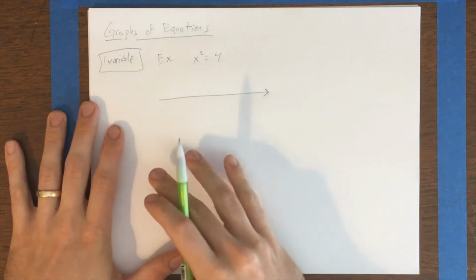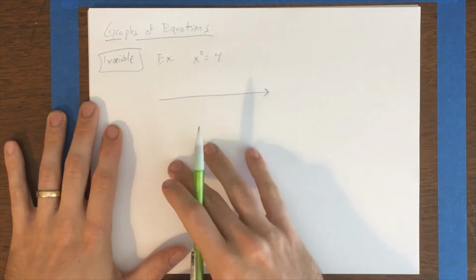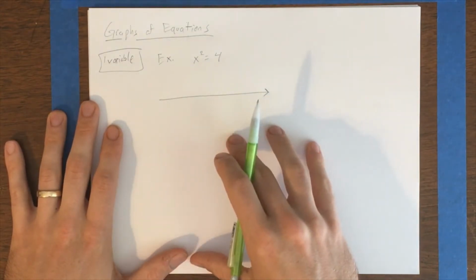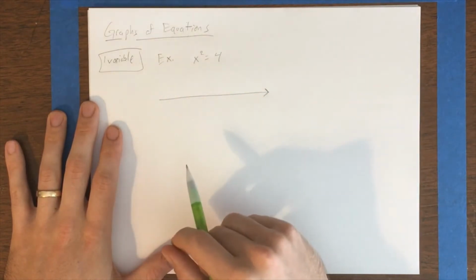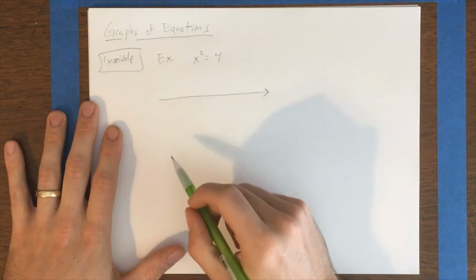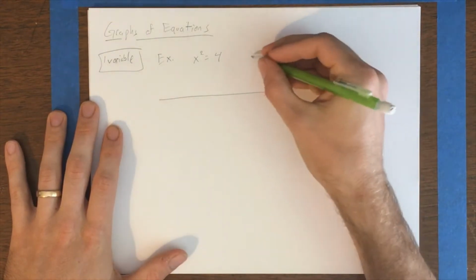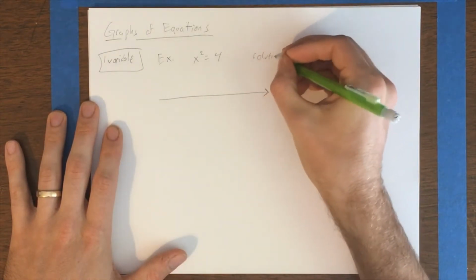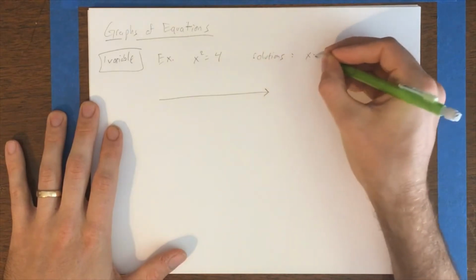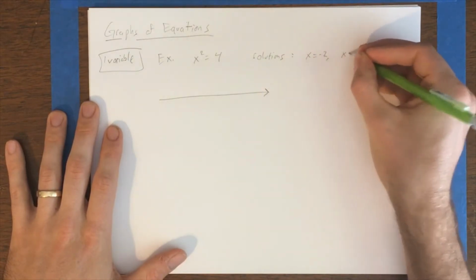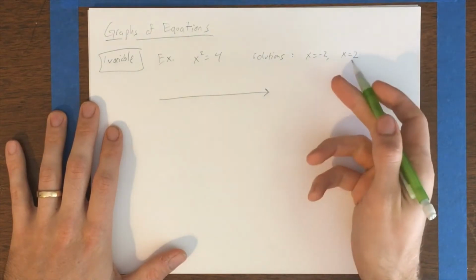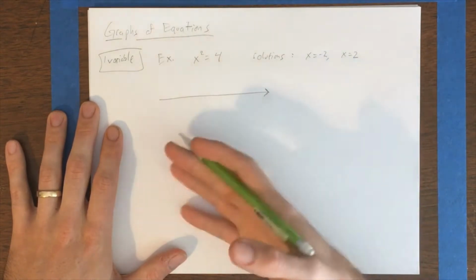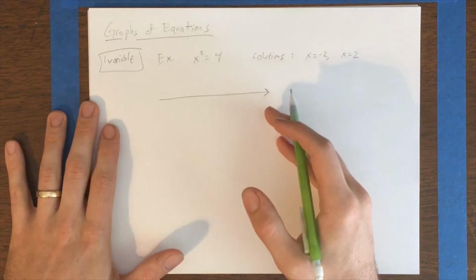And the fundamental idea here of the graph of this equation would be that we want to plot in this number line all of the solutions to the equation. So this equation x squared equals 4 has two solutions. We've got x equals -2 and x equals +2, right? So the graph of that equation would be those solutions plotted in the one-dimensional continuum space.